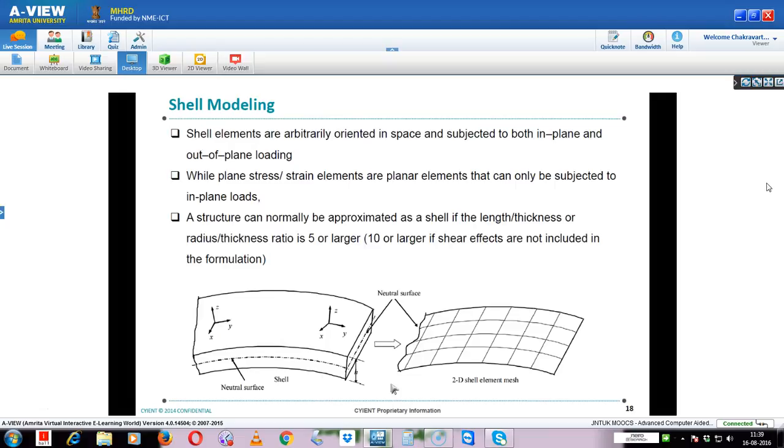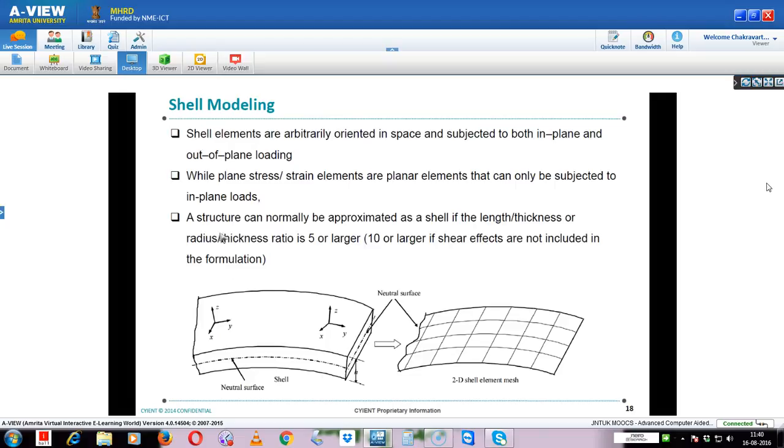But we cannot apply out-of-plane loads. That means you cannot apply loads acting perpendicular to the plane of the component. So in-plane loading we can apply on plane stress elements, but out-of-plane loading we cannot apply. That's where shell elements have a major advantage.